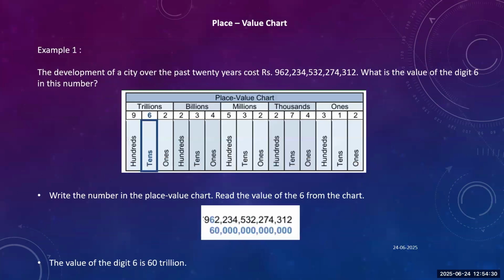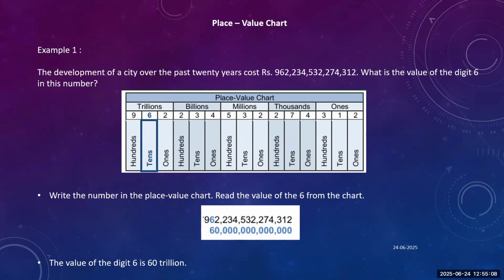Now, let's look at a very large number: 962,234,532,274,312. If you are asked to find out what is the position of number 6 in this chart. In the international system, it is divided into threes.